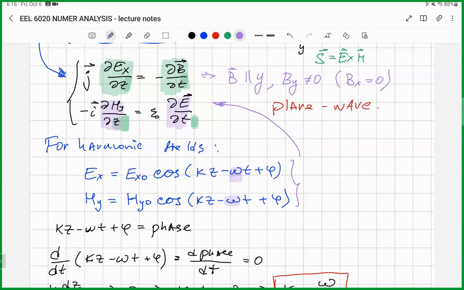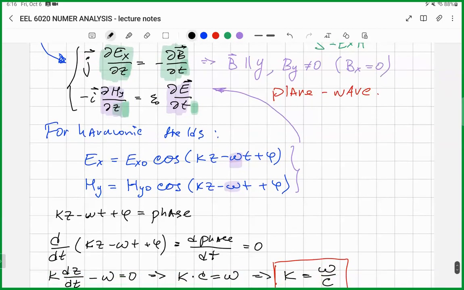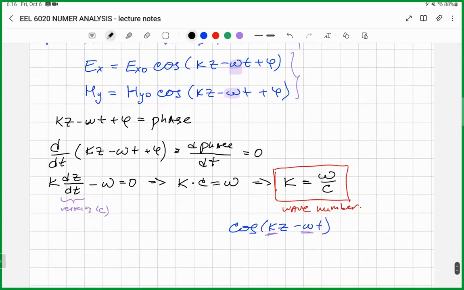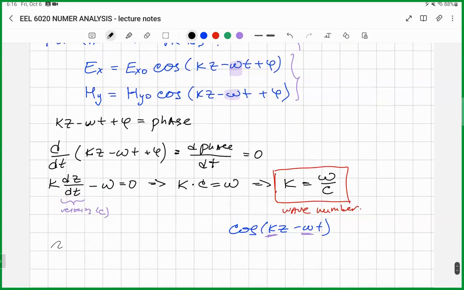So now, as I promised, I plug these equations, in our case this plane wave, into the Maxwell equations, and I get what? Let me see. So for dE over dz, I get E x0, cosine turns into minus sine of kz minus omega t plus phi, right?